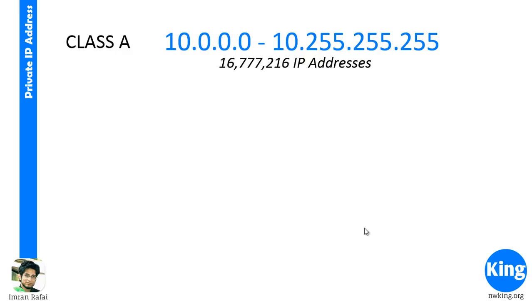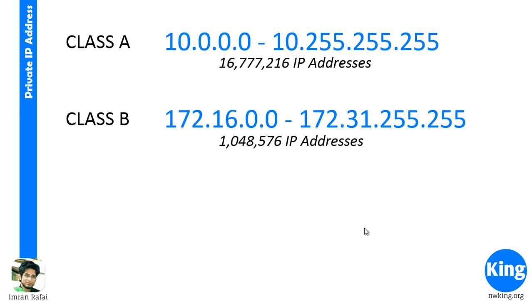So for class A, we have 10.0.0.0 to 10.255.255.255. That is nothing but 16,777,216 IP addresses. In class B, 172.16.0.0 to 172.31.255.255, and that is 1,048,576 IP addresses.